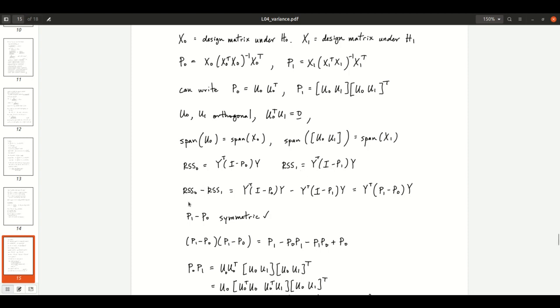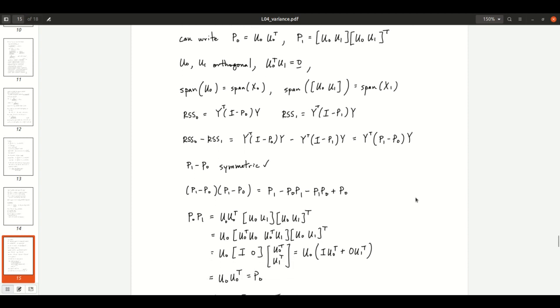And therefore the difference, RSS0 minus RSS1, is the following. If we collect things, we get I minus I, so that goes away, and then we get P1 minus P0. So this difference in sums of squares we can write as Y transpose (P1 minus P0) Y. Now the question is, is this thing going to have a chi-squared distribution?